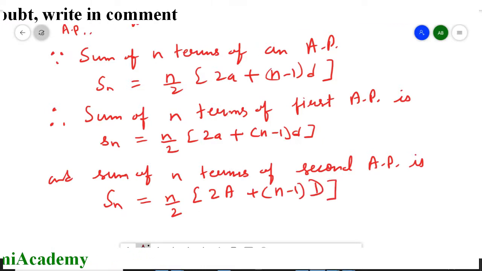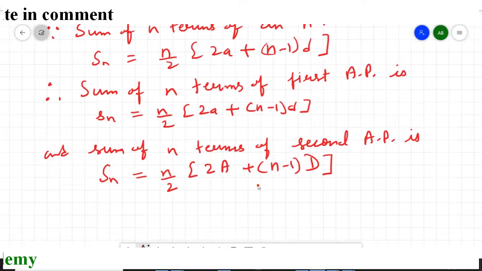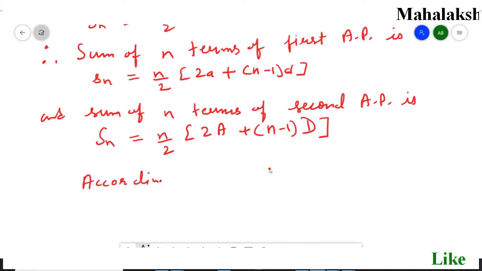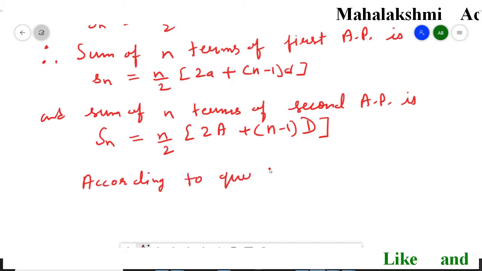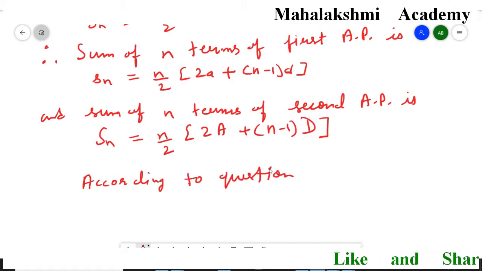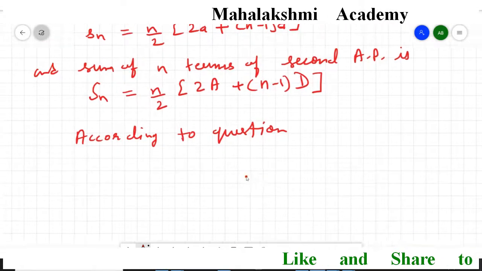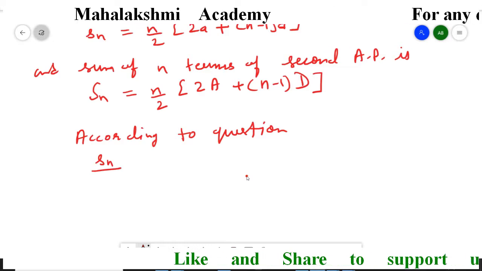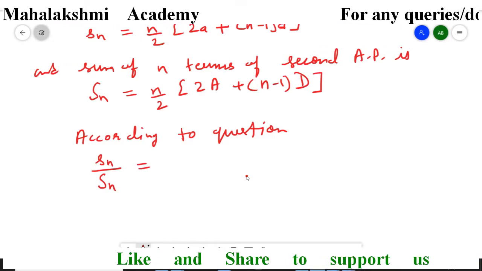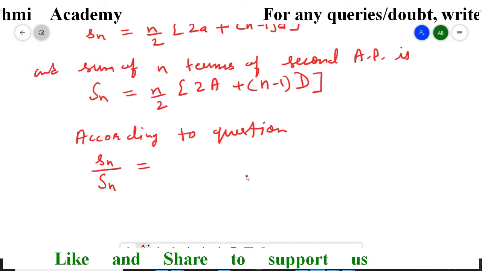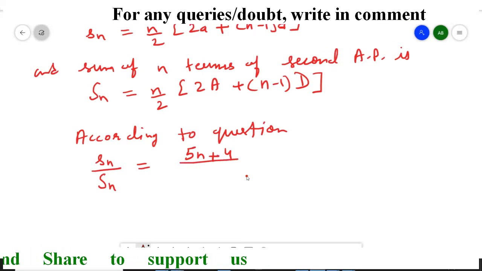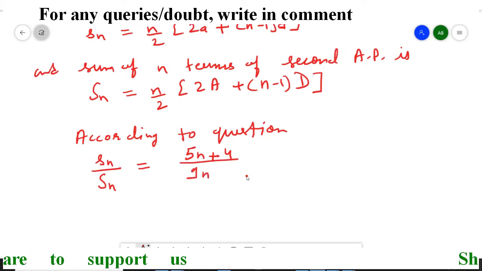Then according to the question, what is given to us is the ratio of these two sums. So according to the question, small Sn to capital Sn is 5n plus 4 divided by 9n plus 6.